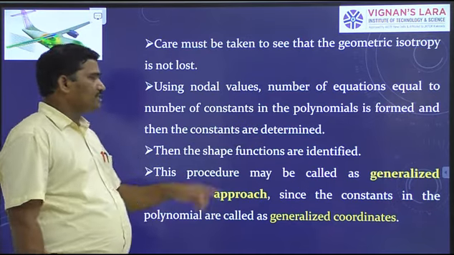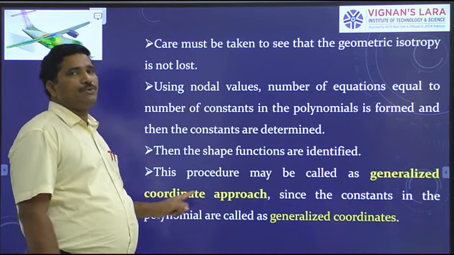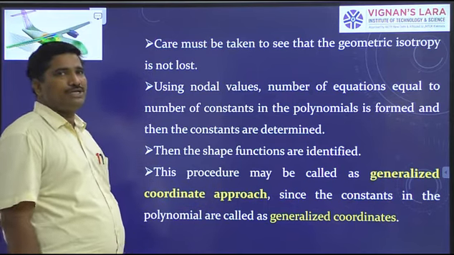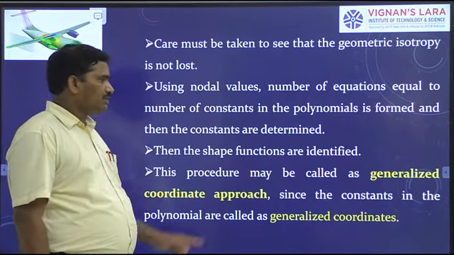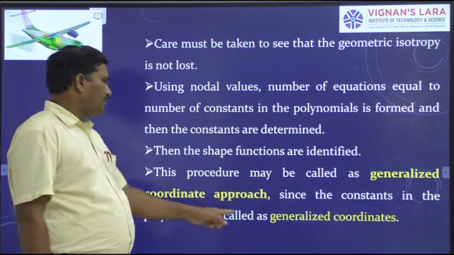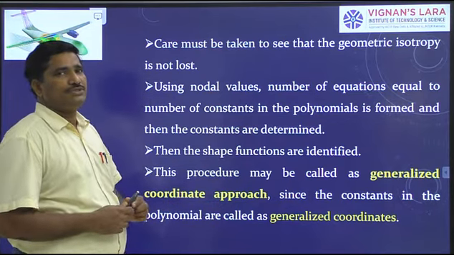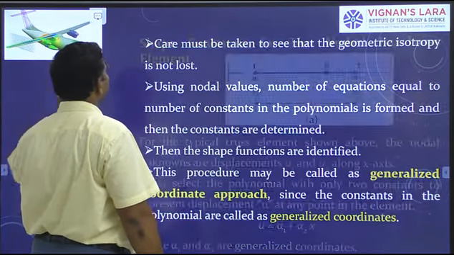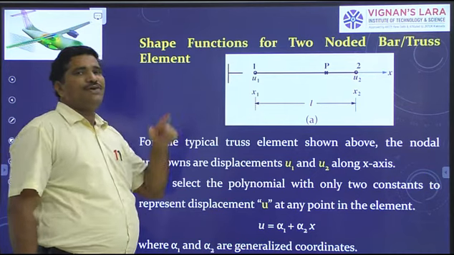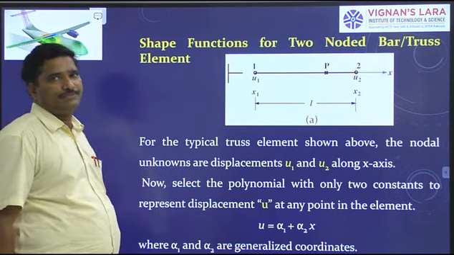This procedure is called the generalized coordinate approach, since the constants in the polynomial are called generalized coordinates. Now we derive the shape functions for the two-noded bar or truss element.